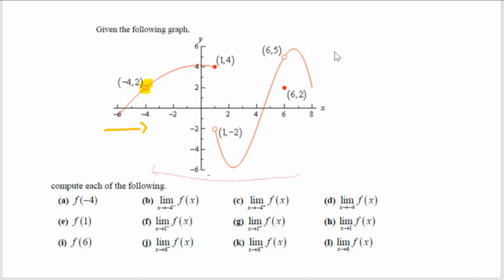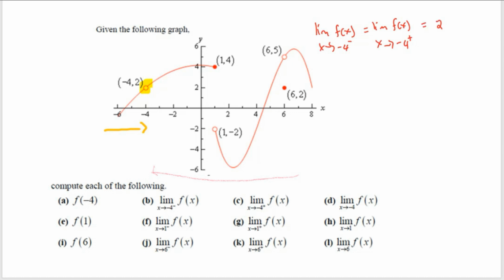Okay, so let me write this one here in this way. In letter B here, we have the limit of f of x as x approaches negative 4 from the left is equal to the limit of f of x as x approaches negative 4 from the right, which is equal to 2.